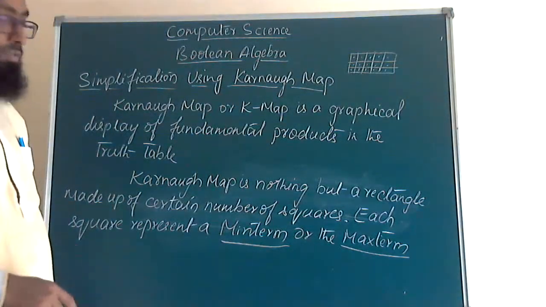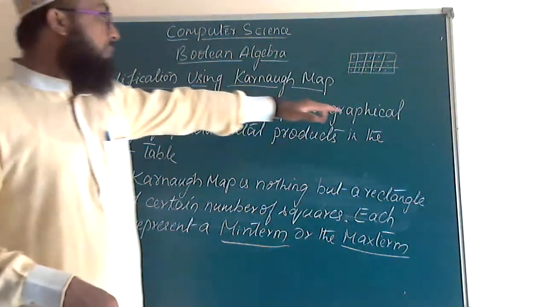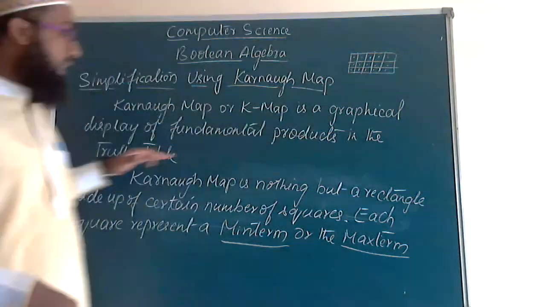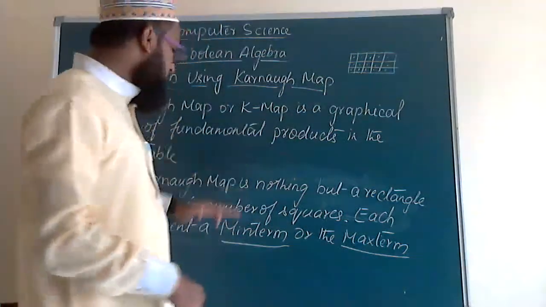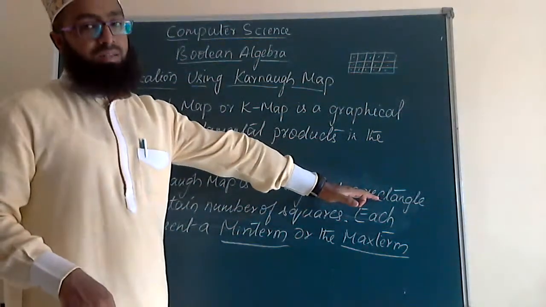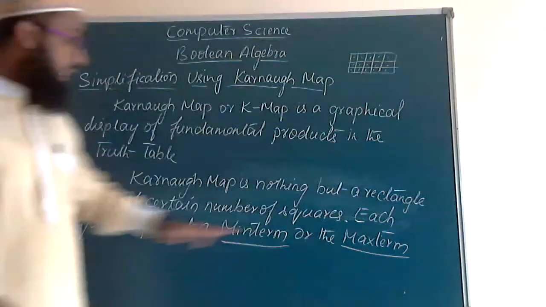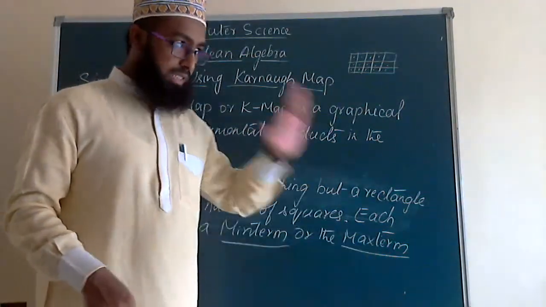For 1 mark, if the question is there, you have to define just this part: Karnaugh map or K map is a graphical display of fundamental products in the truth table. If the question is for 2 marks, then along with this you have to define that Karnaugh map is nothing but a rectangle made up of a certain number of squares, each square representing a min term or the max term.